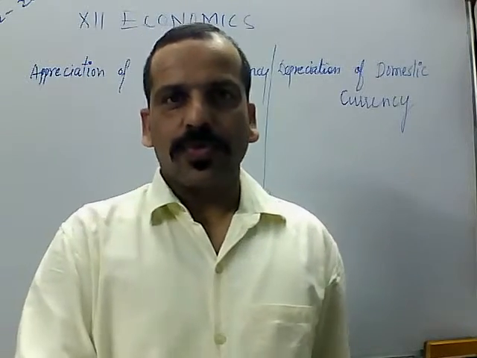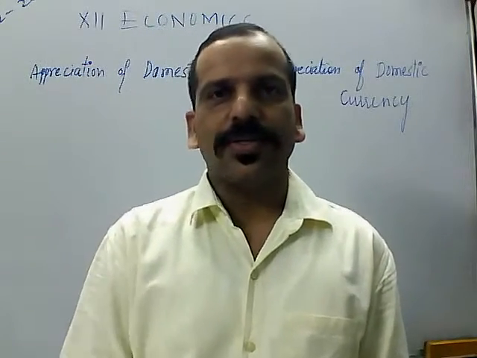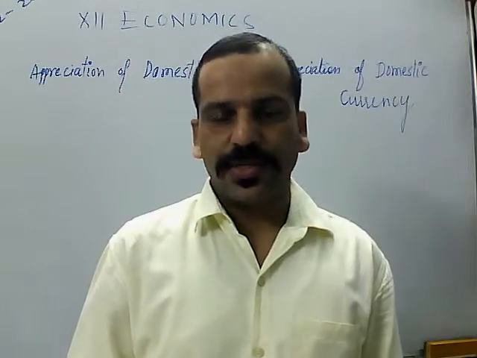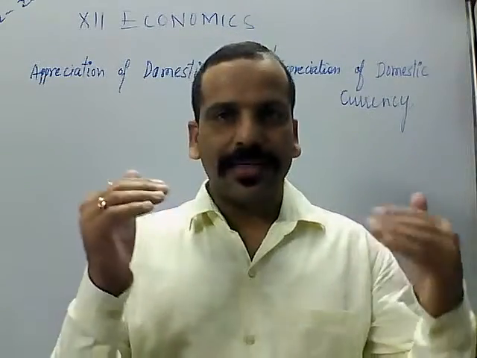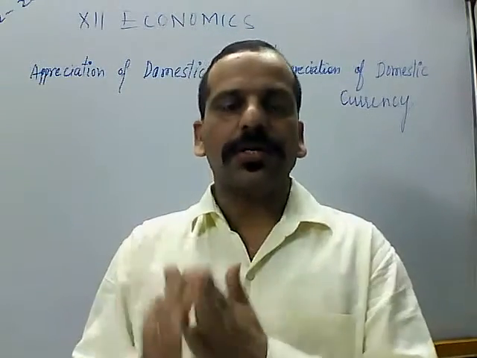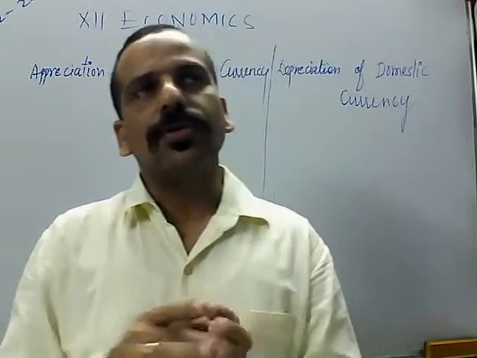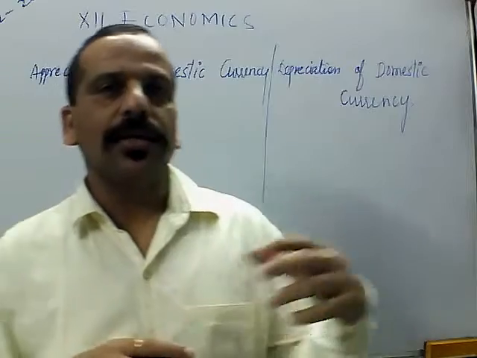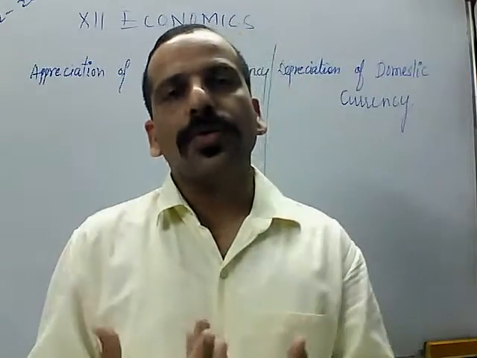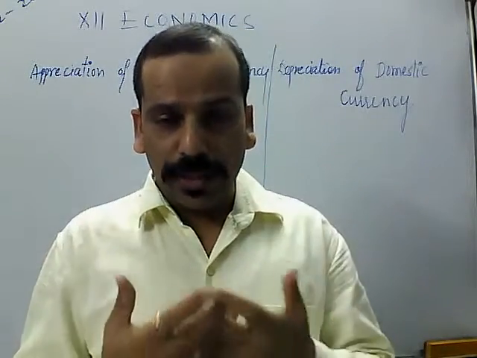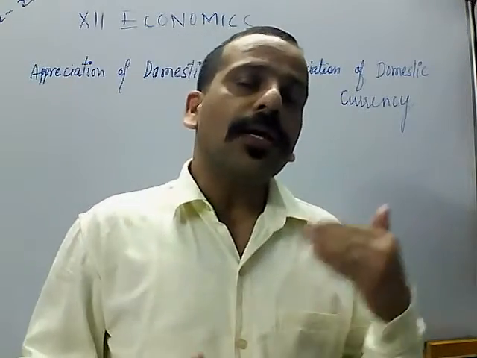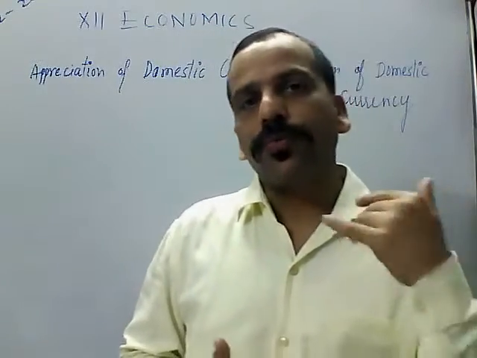So the meaning of foreign exchange rate: it is the rate at which domestic currency is exchanged with an international currency. Generally we talk about Indian rupees and American dollars. So how many units of Indian rupees are you paying to get 1 unit of dollar?